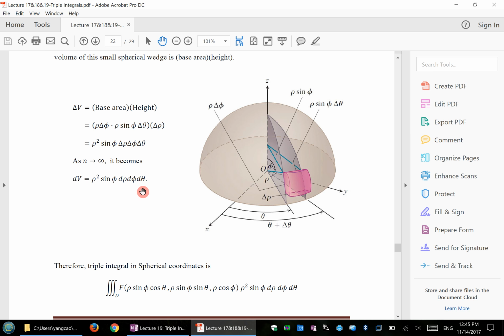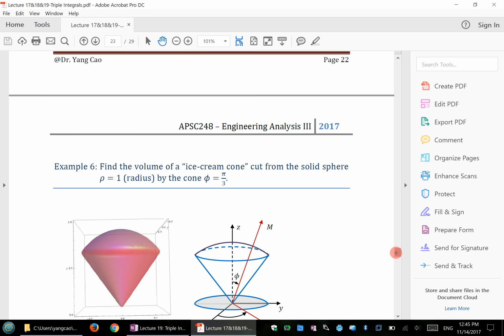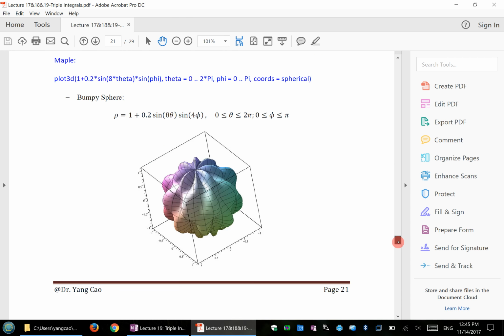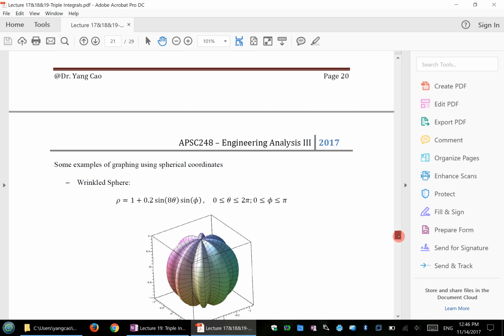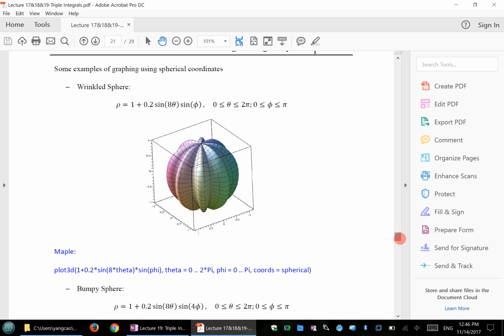Take a look at this. I saw a very good picture. Spherical coordinates are interesting coordinates. This is an interesting graph using spherical coordinates. It's basically a regular type of surface.